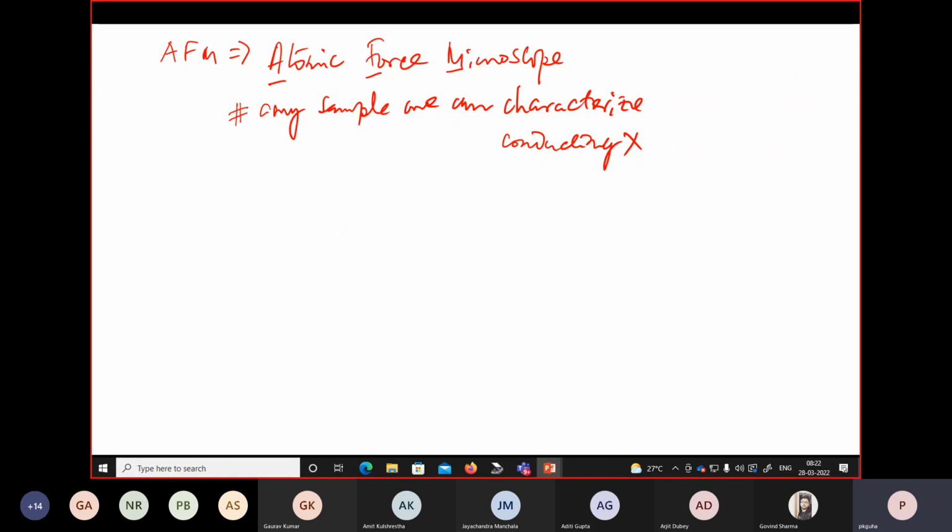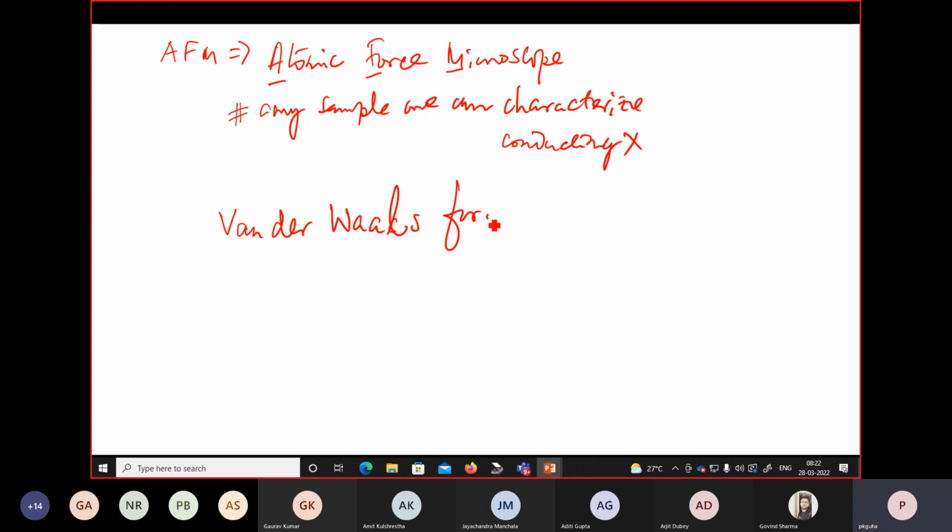Any sample you can characterize or get a surface profile, simply because here we are sensing the force that exists between the tip and the surface atom. What is that force? That force is known as van der Waals force.